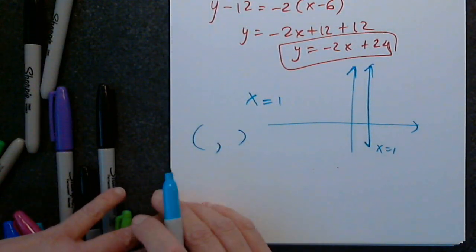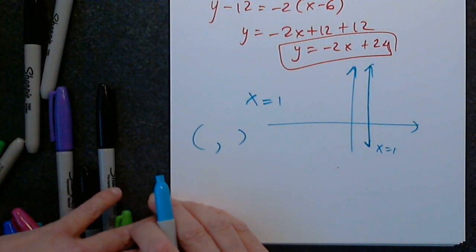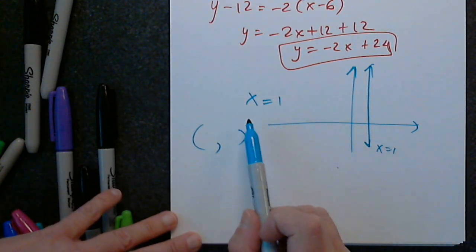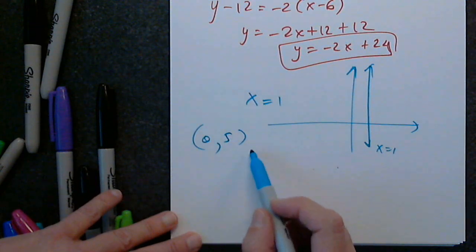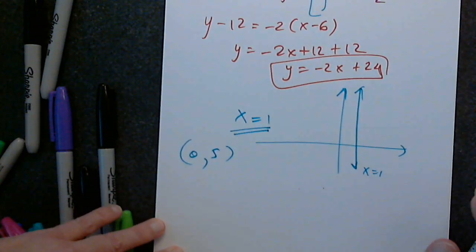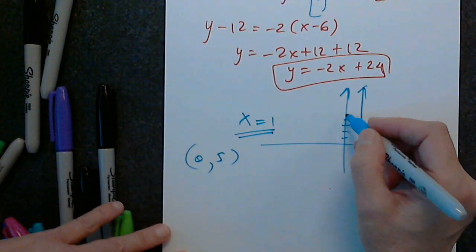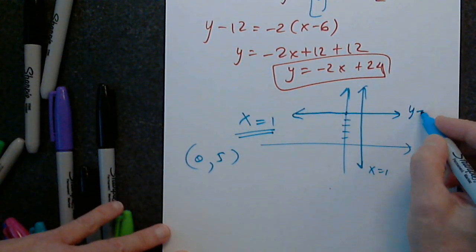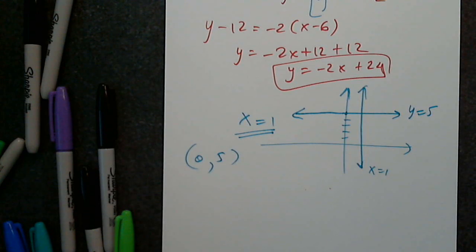So please give me any point. (0, 5). So you're saying that the line passes through (0, 5) and is perpendicular to this, right? Perfect. 1, 2, 3, 4, 5. y equals 5. Is that clear? Yes. Perfect.